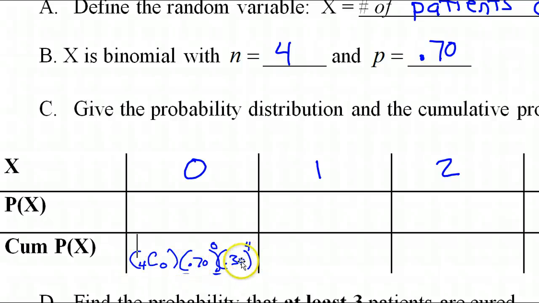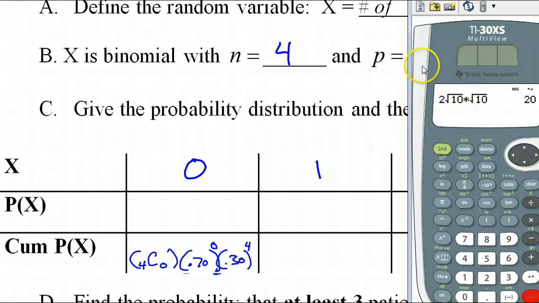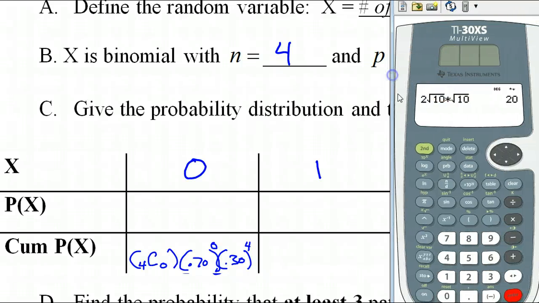So I could put this in my calculator and get the answer, and I think I actually will go ahead and do that. Open parentheses, 4, hit the probability button, choose 0. Next parentheses, 0.70 to the 0 power.